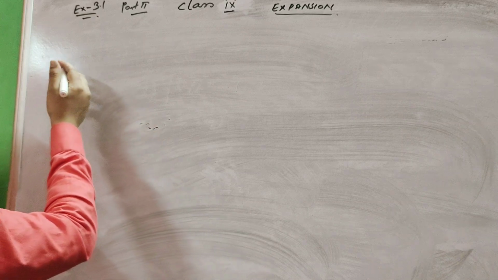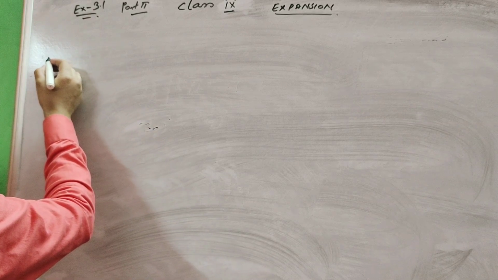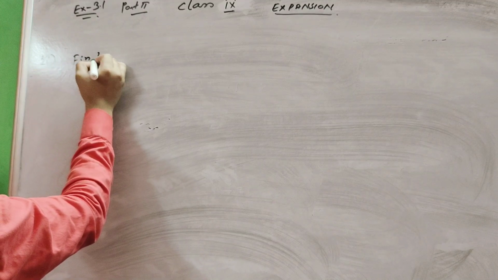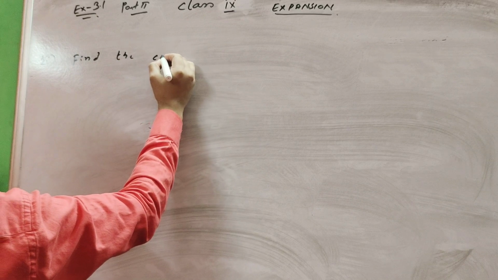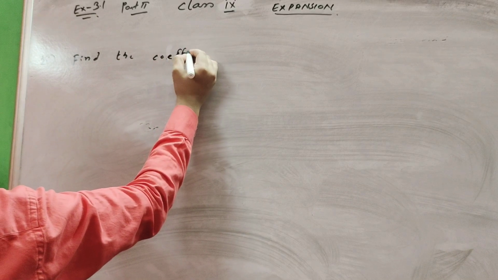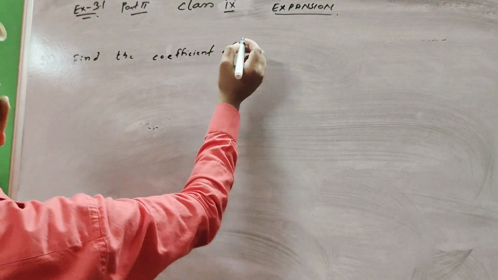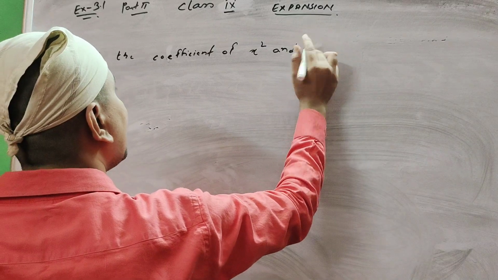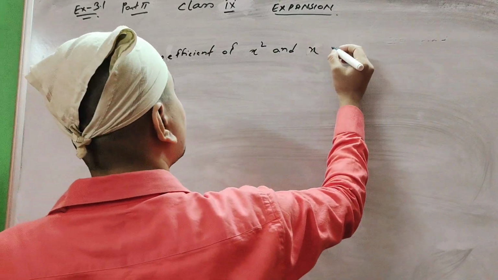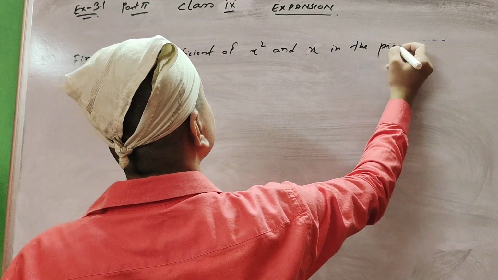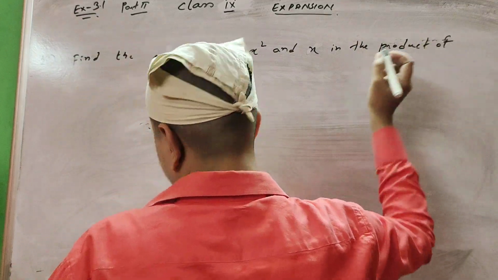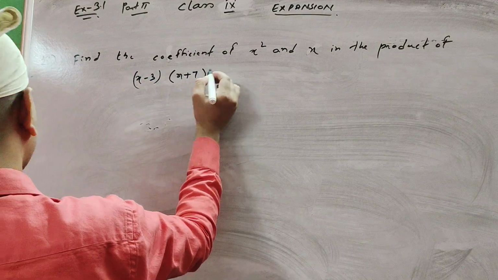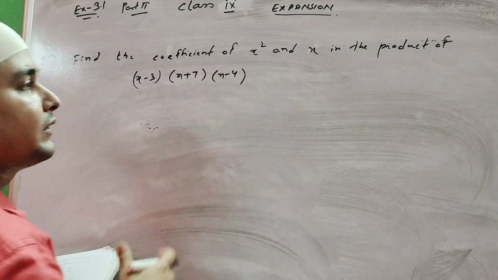Okay, question number 21. Find the coefficient of x square and x in the product of x minus 3, x plus 7 and x minus 4.